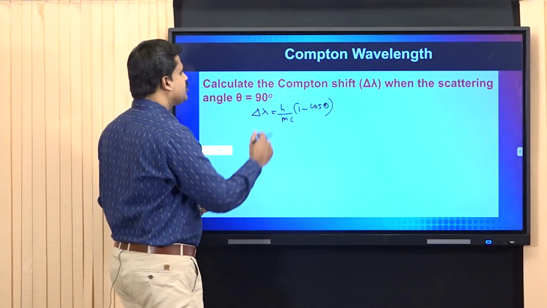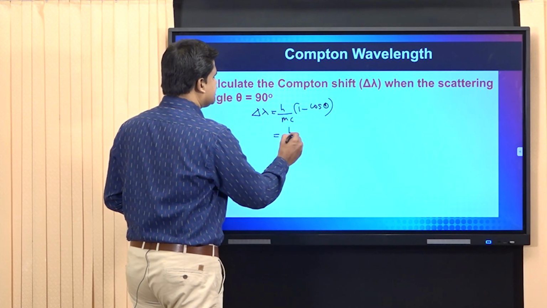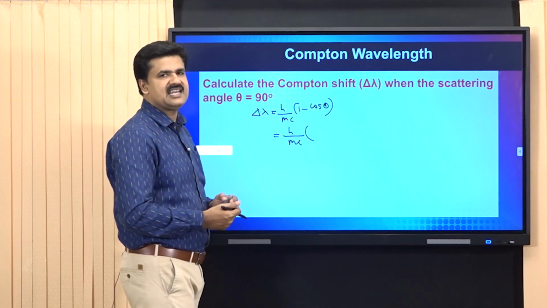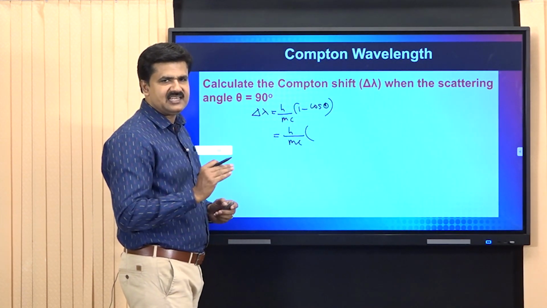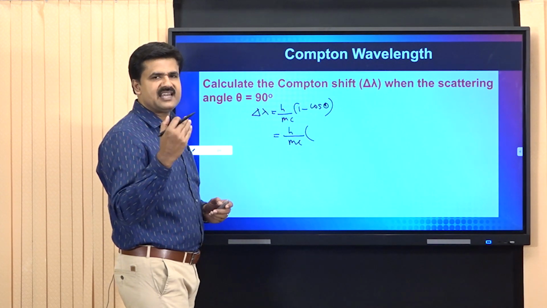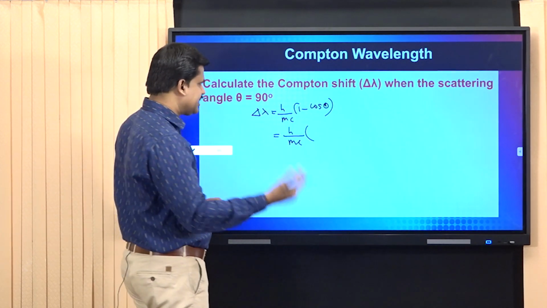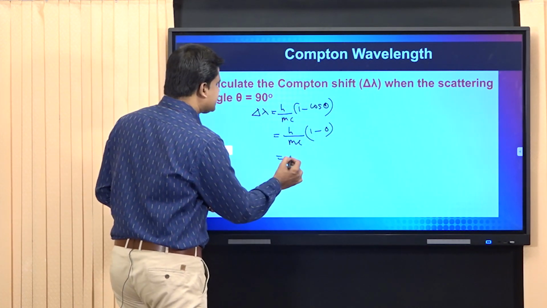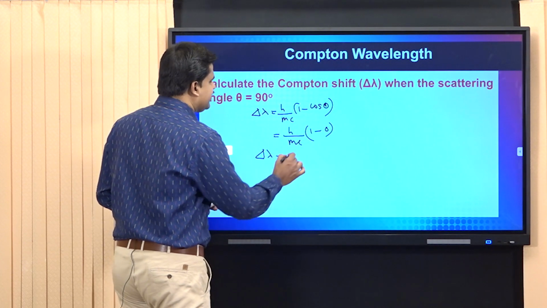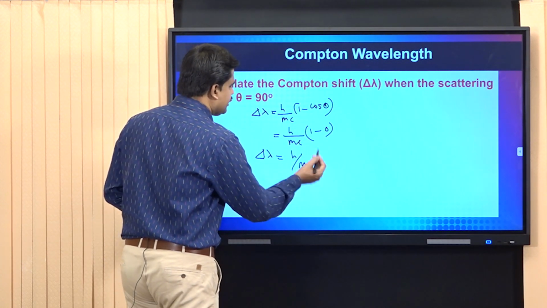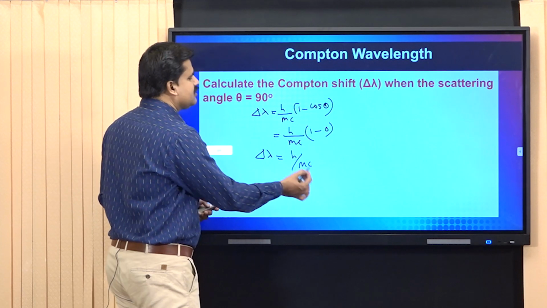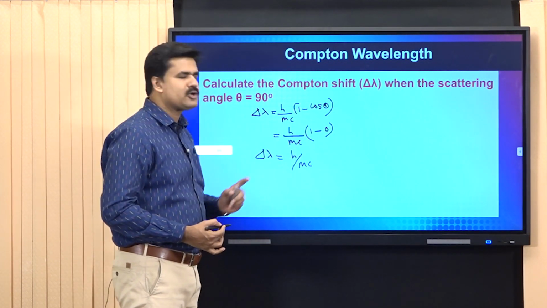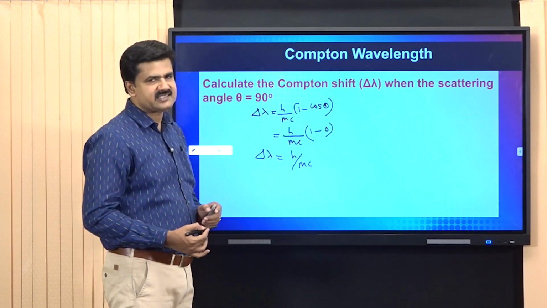On substituting various values, h by mc into, first of all, cos 90. Cos 90 is equal to 0, that is 1 minus 0, that is delta lambda is equal to h by mc. We can also put the numerical values of Planck's constant h, mass of electron m, and velocity of light c.